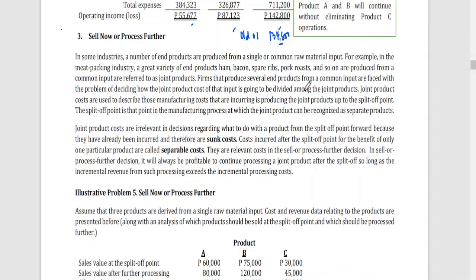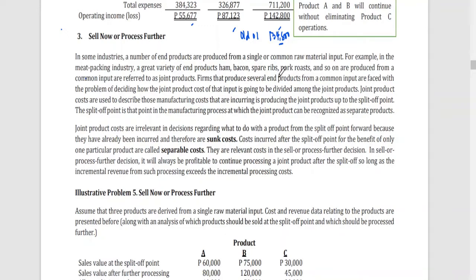So firms that produce several end products from a common input are faced with the problem of deciding how the joint product costs of that input are going to be divided among the joint products. So for example, the pork meat for the bacon, ham, pork roast, di ba, i-process man tong pork meat niya before siya mahimong individual nga mga products.